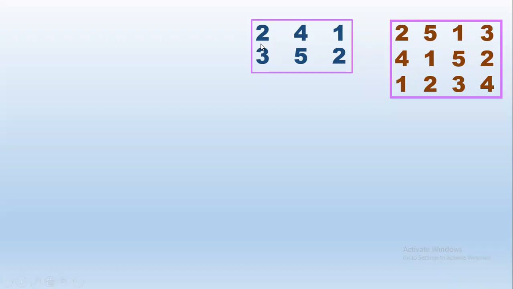How will we get this value? Please use the same example and tell me. Yes, so here we get 2 into 2 plus 4 into 4 plus 1 into 1. So first element here is 2 into 2 plus 4 into 4 plus 1 into 1.